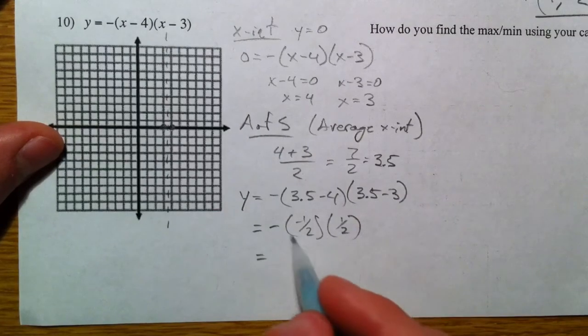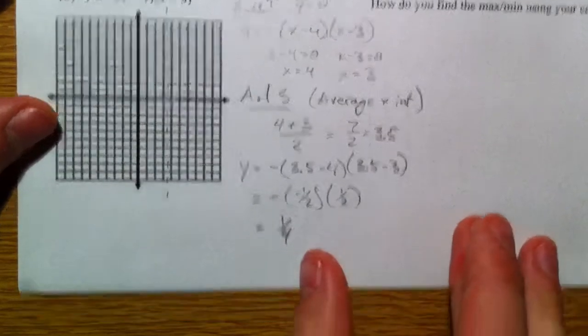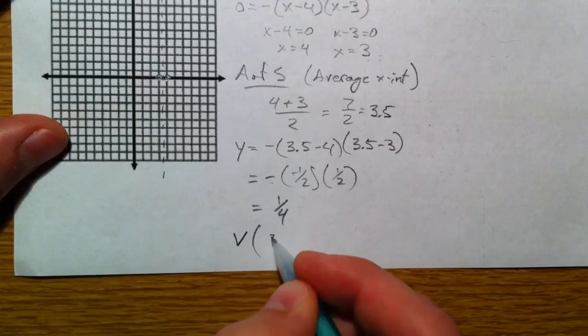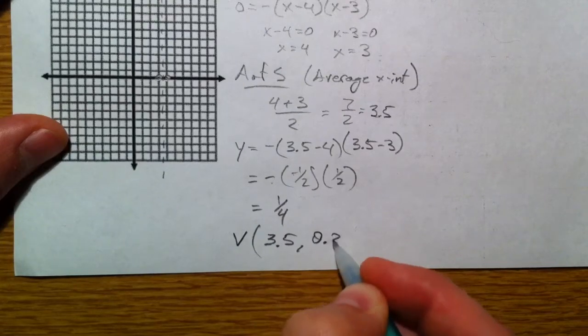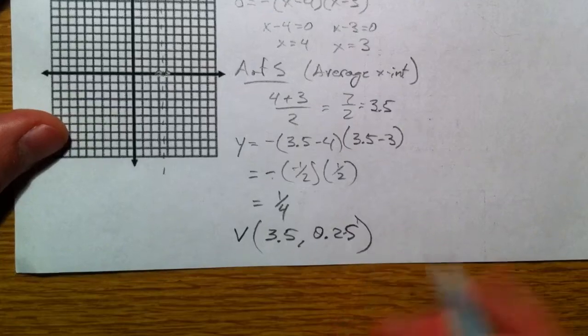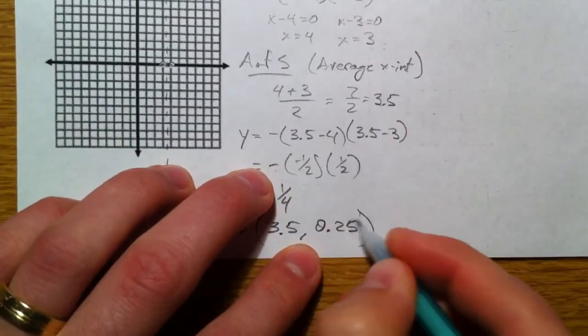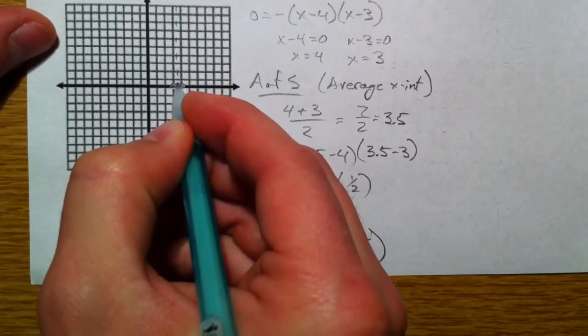So ultimately, a negative times a negative is going to be a positive 1/4. The vertex is 3.5, comma 0.25.